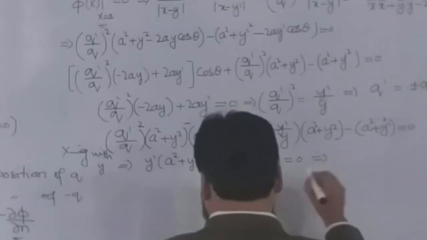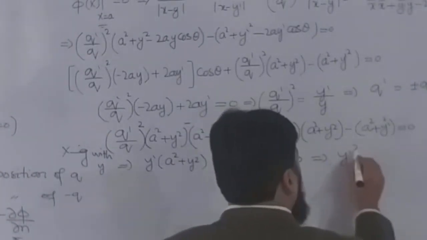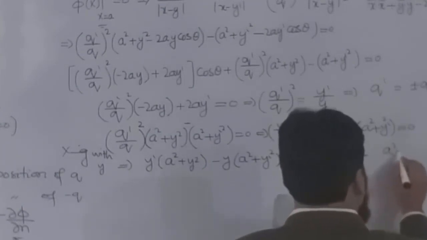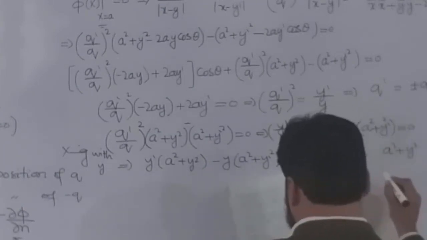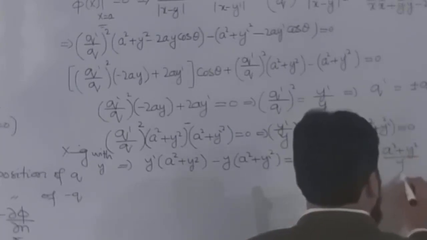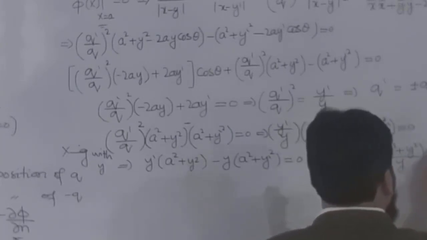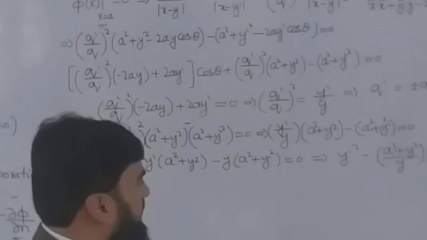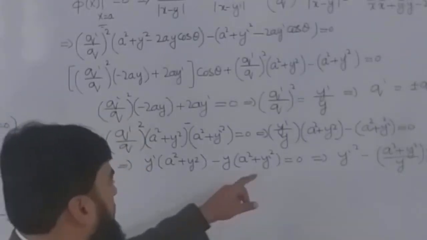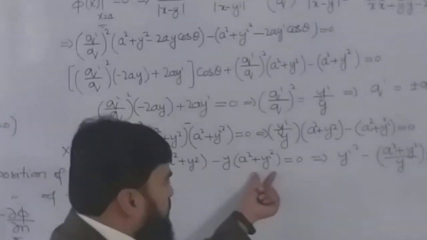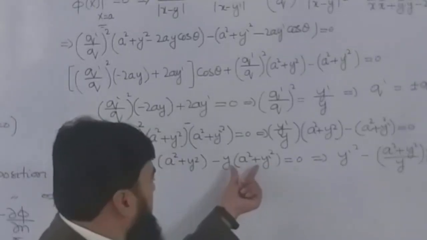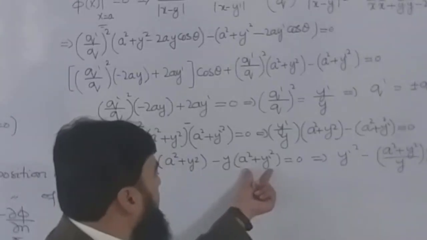So this implies that y prime squared minus a square plus y square by y, and y prime plus a square is equal to 0. How I got this? Look here. Y prime square is here, so it will be a square y multiplied by y prime square y.